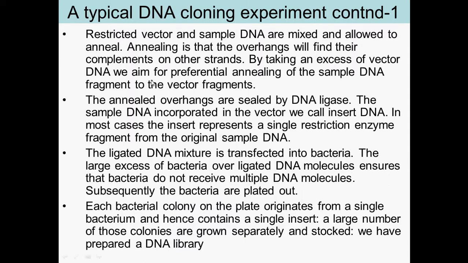So we cut the 3 billion base pairs into a million pieces, and then we have 1 million different fragments. So there's 1 million stockpiles that are stored somewhere, and each one of those plates has part of the human genome. So each bacterium has part of the human genome.